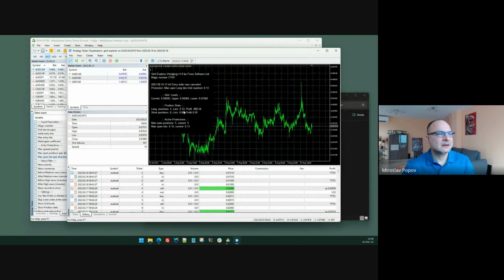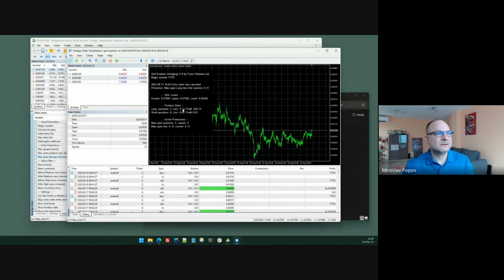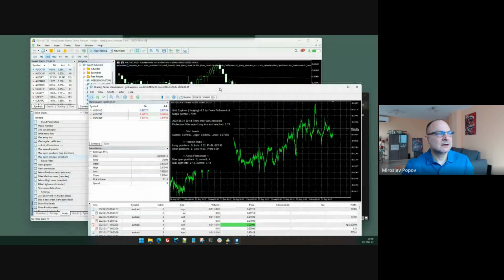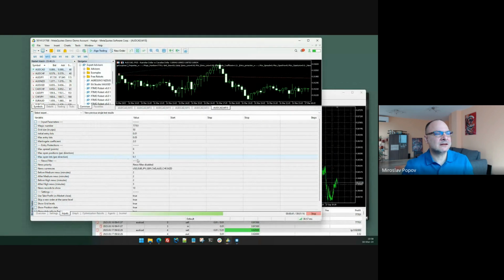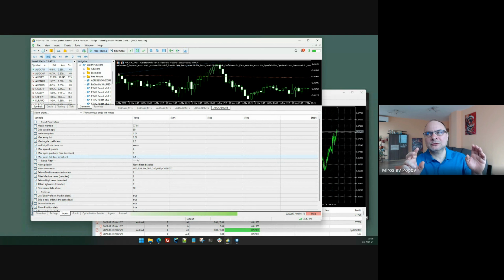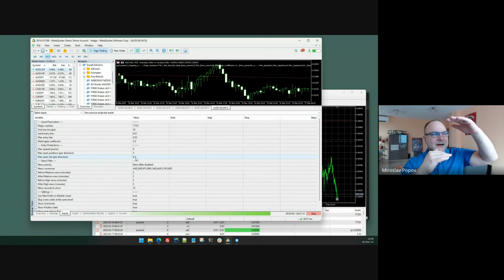But anyway, I will revisit this because what is the exact option? Max open lots. Here we have two senses, two meanings of this option. Is this the maximum entry we can do, or is this the maximum amount we have open on the market?